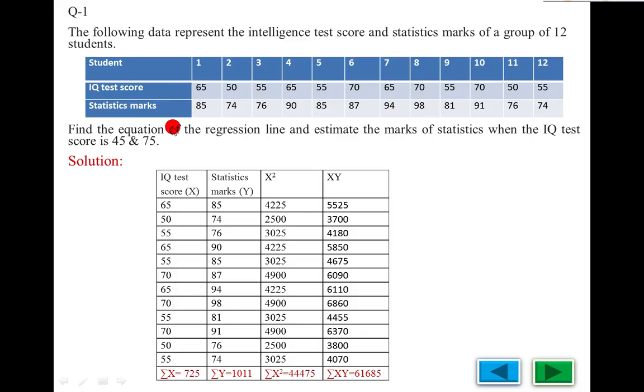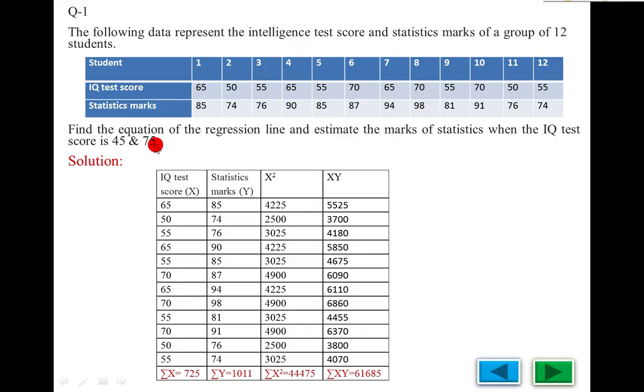So if any value, either the minimum side or maximum side, is outside the range of lower value and upper value, then the estimation is called extrapolation.